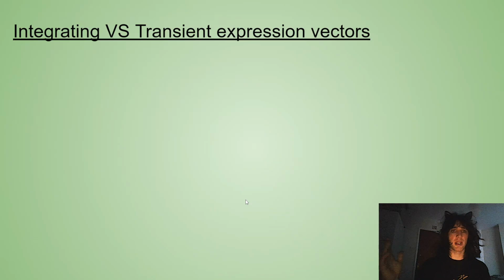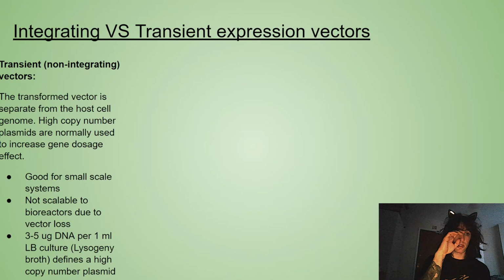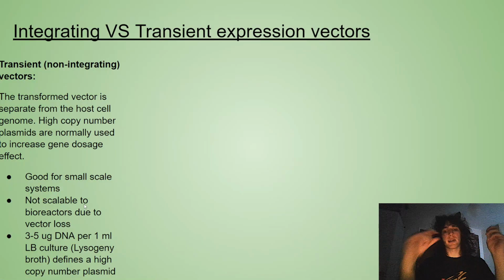So what is the difference between integrating and transient expression vectors? In transient expression vectors, the plasmid is separate from the host cell genome, right? So they don't replicate together. And this is good for small scale systems, but it's not really scalable because you have this thing that occurs that's called vector loss or plasmid loss, and that is when the host's genome replicates faster than the plasmid.